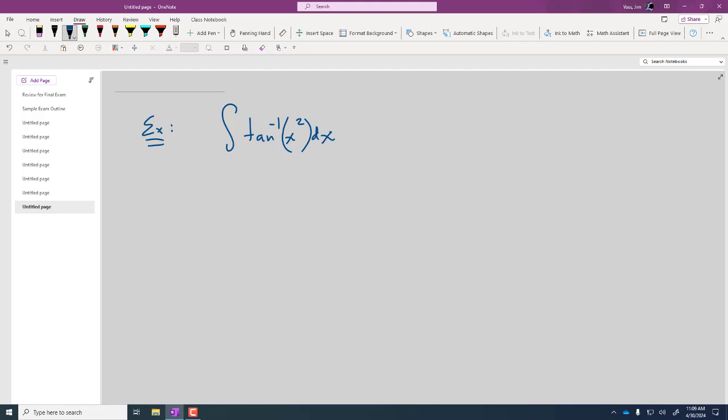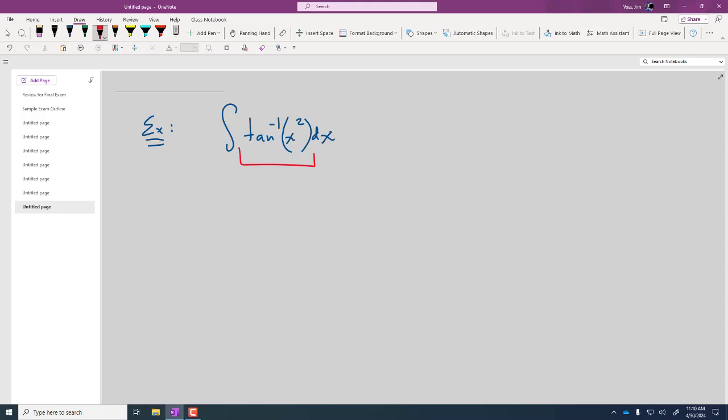We're going to use integration by parts. And there's no choice here, right? We only have one function there. Traditionally, we think of integration by parts as kind of a reverse product rule. And we're like, okay, let's let u be part of it and dv be the other part of it, and we have to figure out what goes where. If there's only one factor, it has to go with the u.